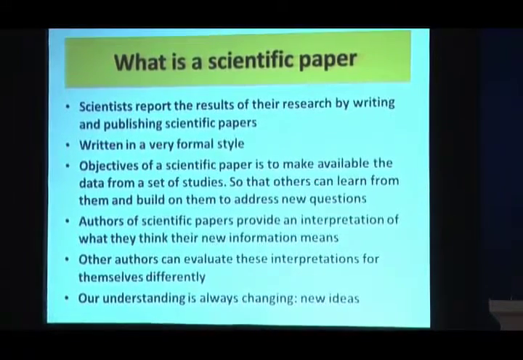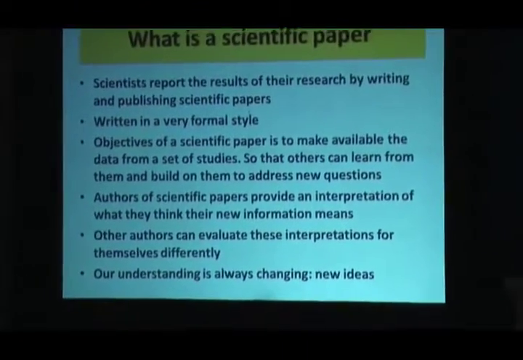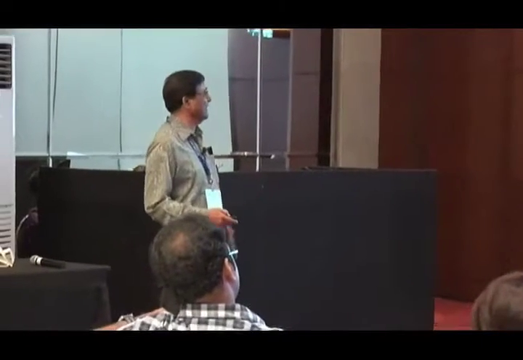The objective of a scientific paper is to make data available. You review the data already available from a set of studies, and then you add your own information to it. The objective is a bit altruistic: others can learn from what you have reported, and then build on it to raise and address new questions.